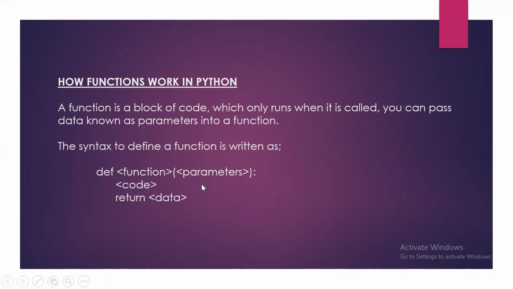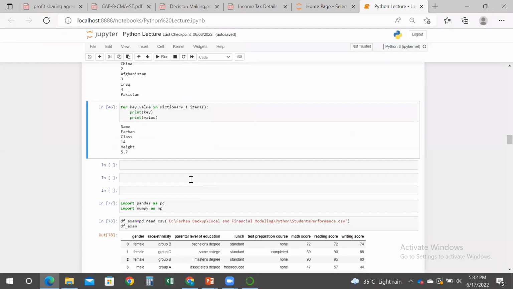So let's see how we can perform this in Python. Let's go back to Jupyter Notebook, and let's say we want to create a function to sum two values or two parameters and return the result of the sum.